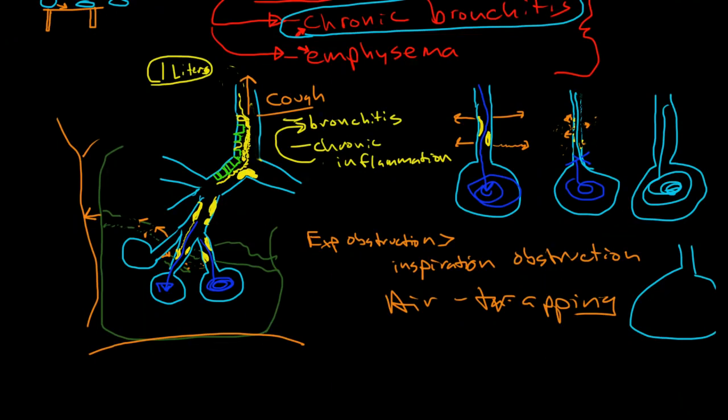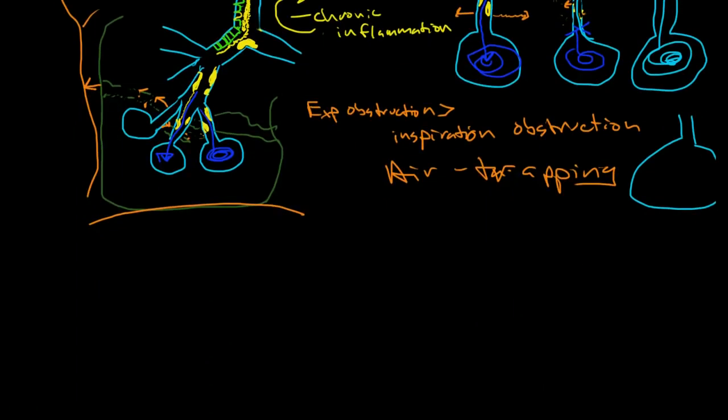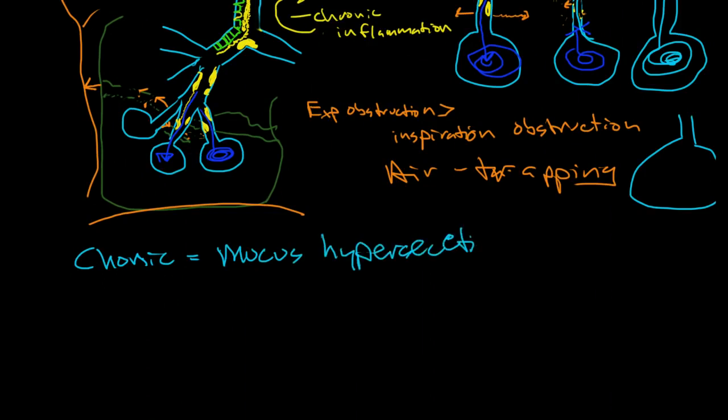But on expiration, the airway is going to close completely. So just to review, chronic bronchitis is a disease of mucus hypersecretion, and decreased mucus clearance that causes obstruction.